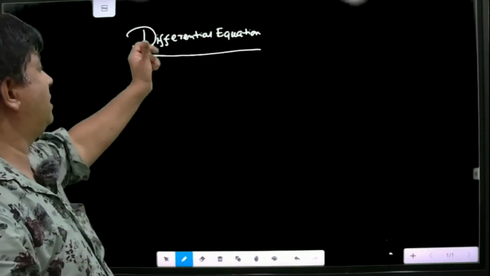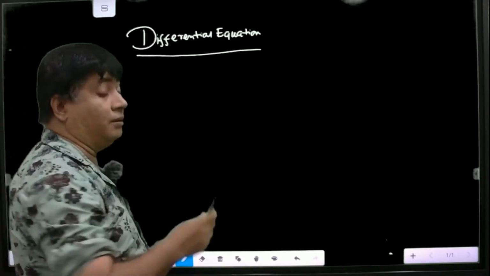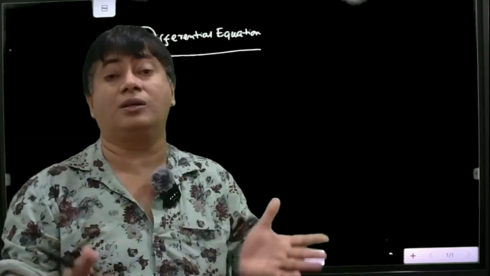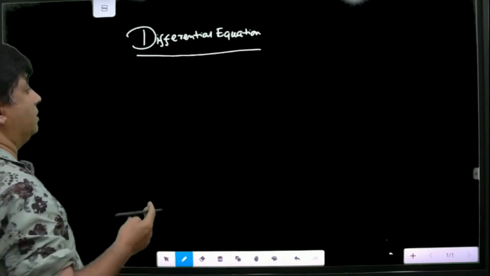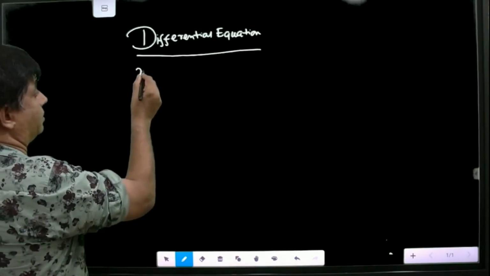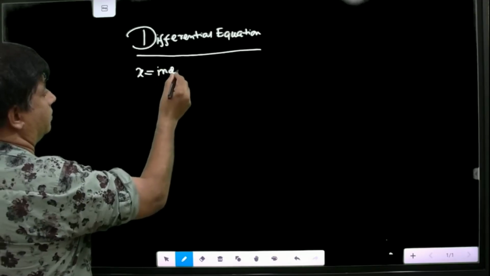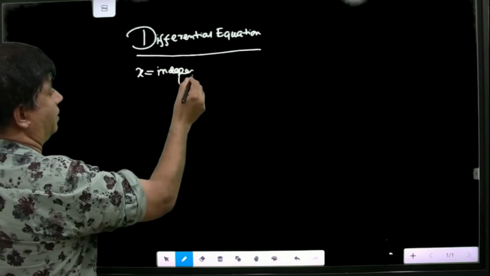What does differential equation mean? Equation means something related to an equal to sign. See, y, x. x is the independent variable, you know.